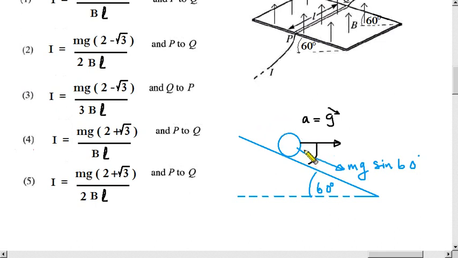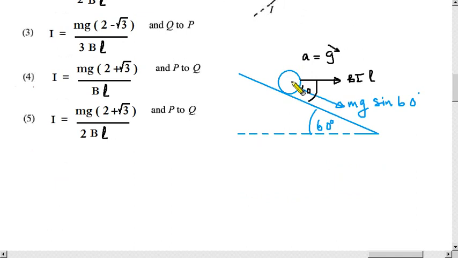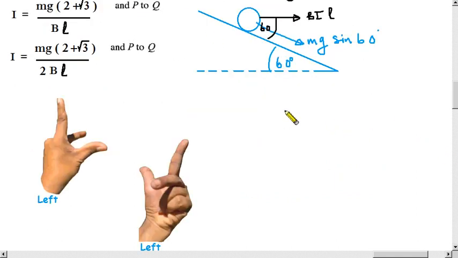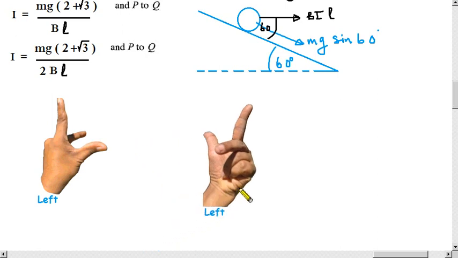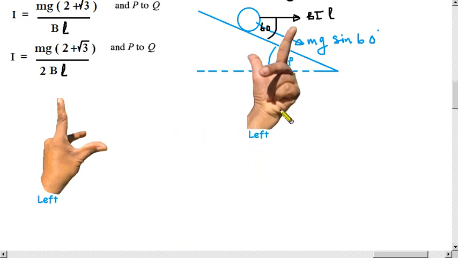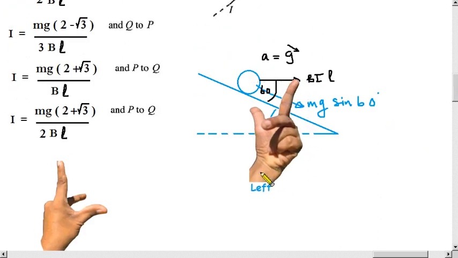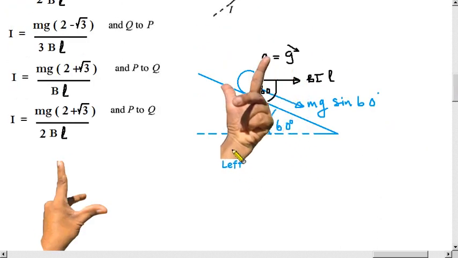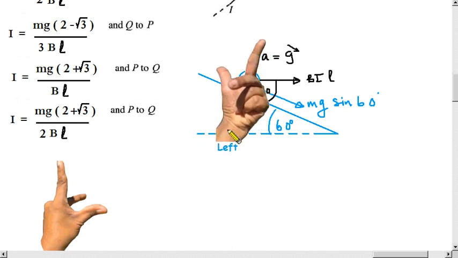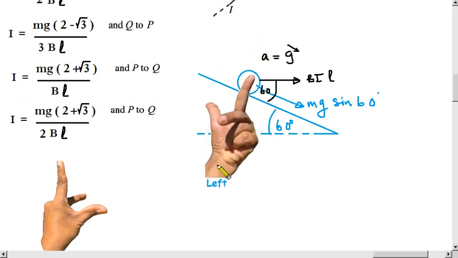So the angle is 60, therefore the BIL force must be towards this direction. So let us use our hand now. If you turned your hand like this and placed it here, B is still upwards, so we don't have to mark it.